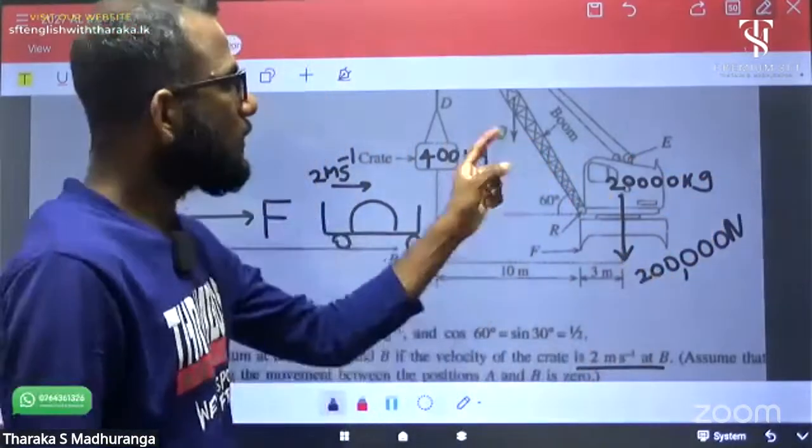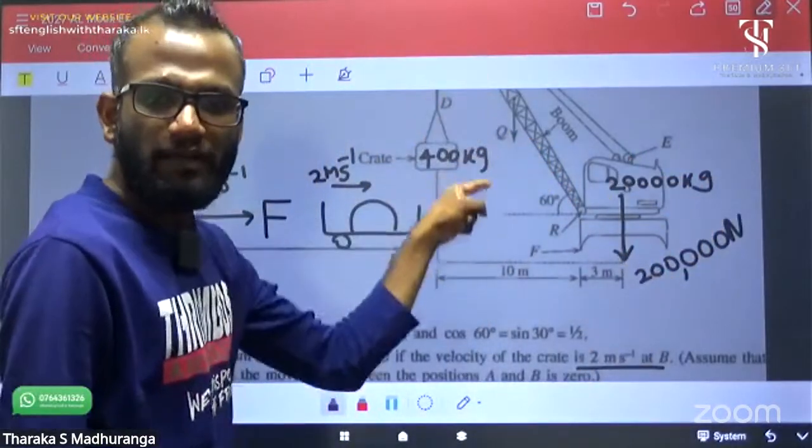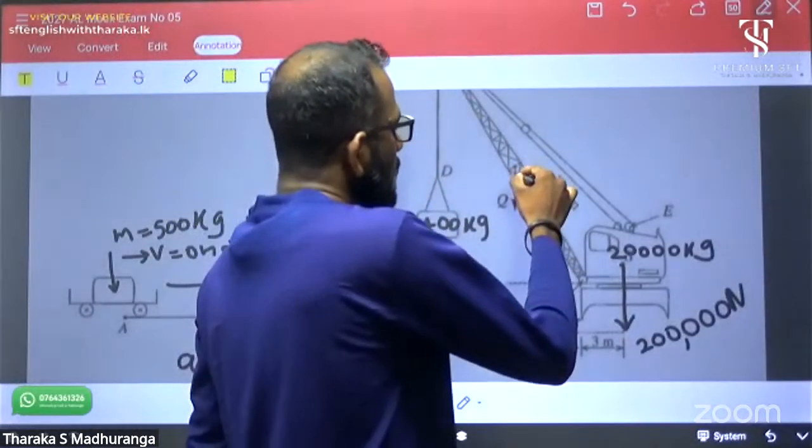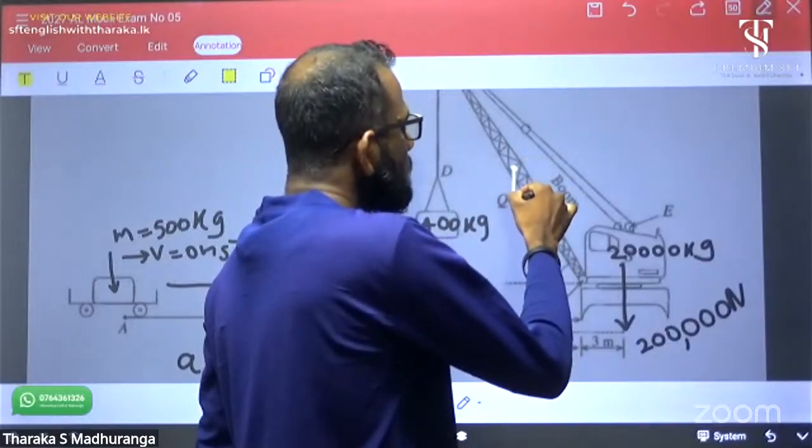And Q is the mass acting point of the boom. What is the mass of the boom? 2000.